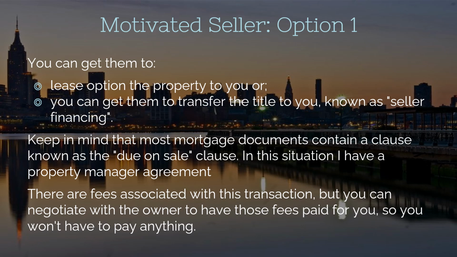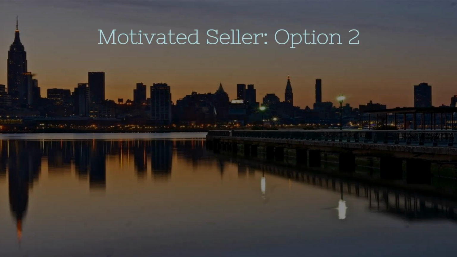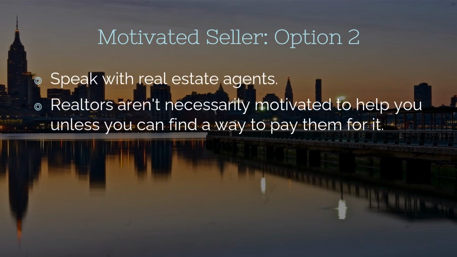As previously stated, there are several methods for locating motivated sellers. Another option is to speak with real estate agents. Realtors aren't necessarily motivated to help you unless you can find a way to compensate them. Typically, you can pay them with the funds from the tenant buyer's deposit.